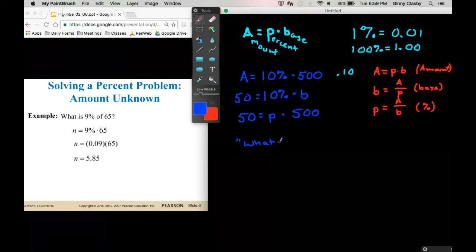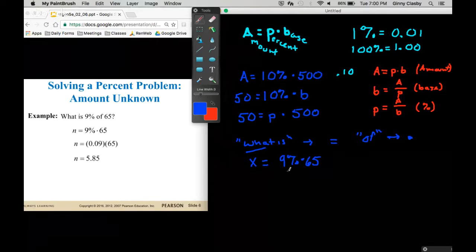All right, what is telling you that you have an equation? What is going to be what you're solving for? 9% of, if you guys remember from your word problems, of is the same as multiplication, of 65.